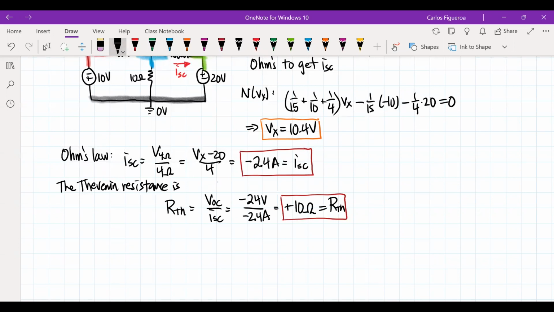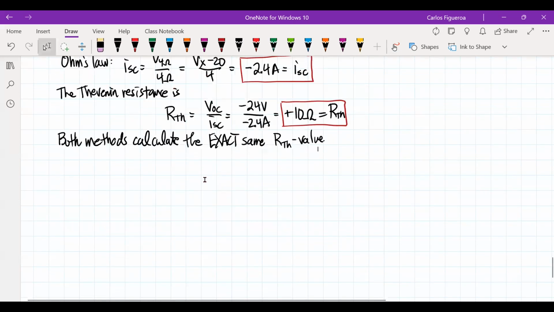So what we're seeing here is that both methods calculate the exact same RTH value.